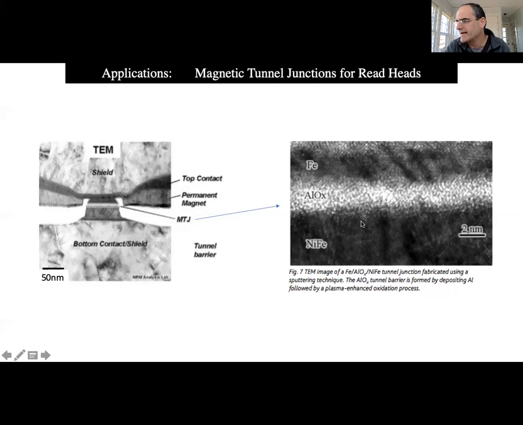We have two ferromagnetic layers, nickel iron and iron, and they're separated by an aluminum oxide layer. This is the scale bar in nanometers here. So the thickness of the aluminum oxide layer is only a few nanometers. So it's only a few tens of atoms thick. And in fact, you can see the atomic structure in this TEM image.